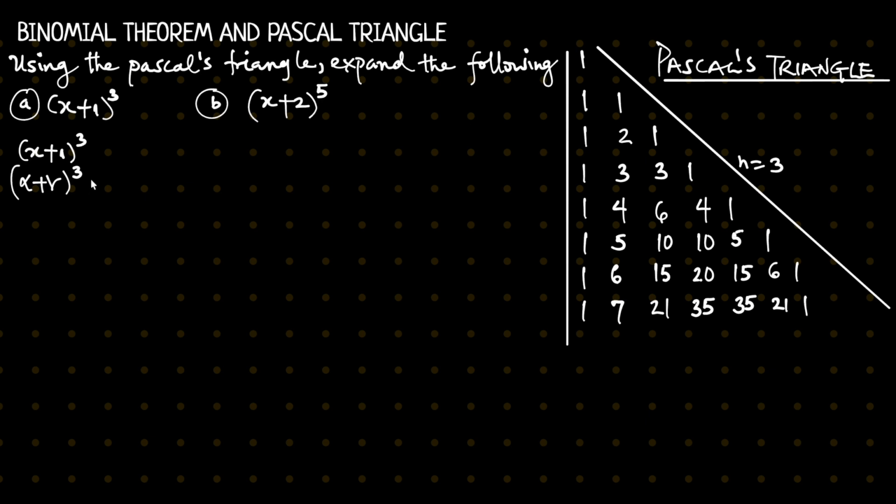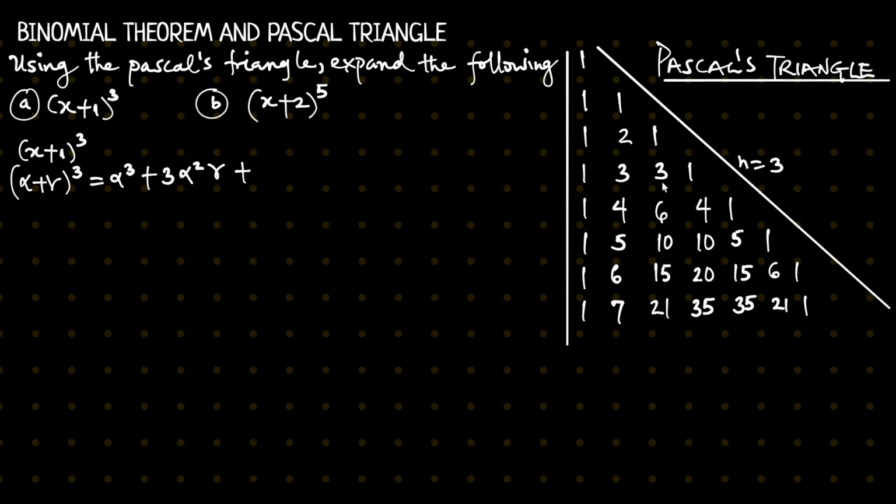And this means we're going to be having alpha to the power of 3 plus this 3, alpha squared gamma. Now, as you proceed from the power of 3 to the next one, the power of alpha begins to reduce, and that of gamma begins to increase.